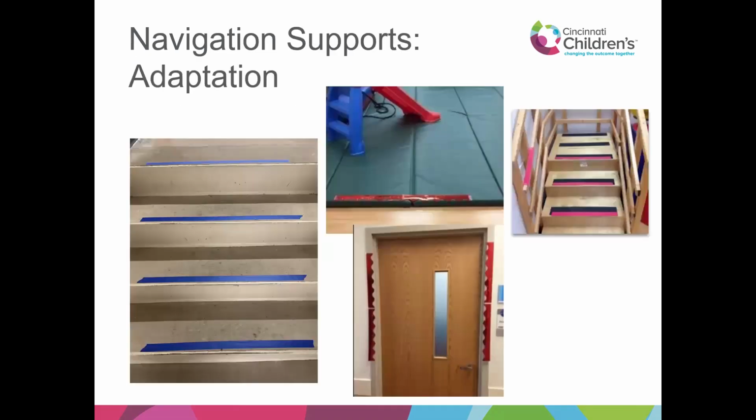So when we think of adaptations, one of the main things that we can do is try to bring visual attention to that lower visual field with something that is visually stimulating or noticeable for the child. So often we can do some brightly colored, high contrasting colored tape or materials on the ground to bring attention to either steps or changes in floor threshold or floor surface.